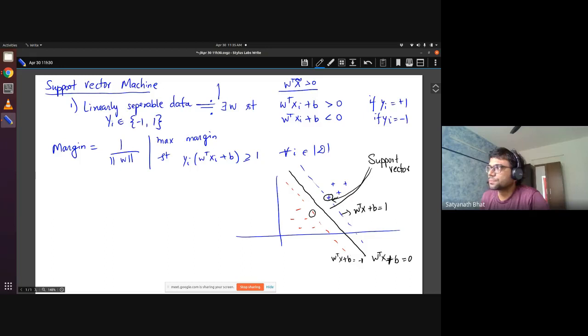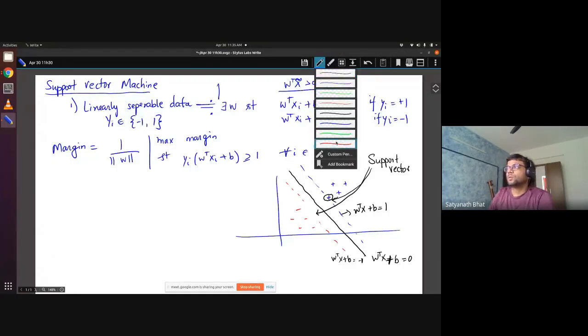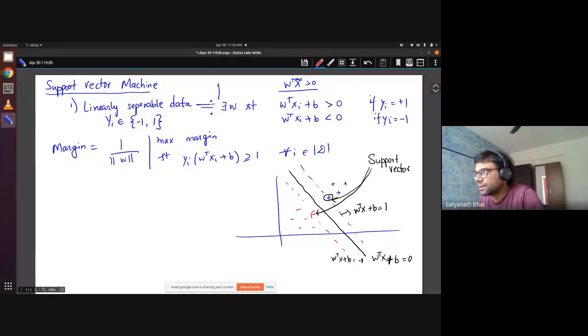Let me write this a little more legibly. There is a negative point here, so the margin that I'm choosing actually rests on this data point. These are called the support vectors, and hence this algorithm is called support vector machine.